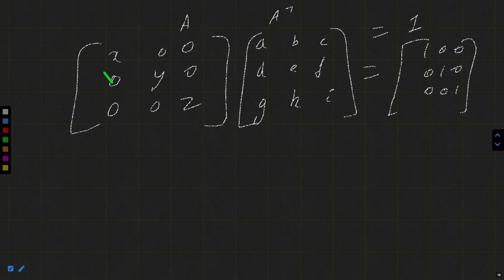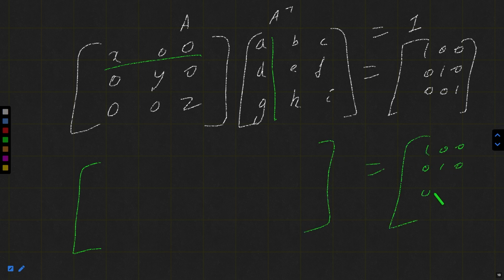So let me just multiply it. This is going to multiply with this. What will you have? We all know that it is equal to 1 0 0, 0 1 0, 0 0 1. The first row will be xa, bx, cx. Now for the second row, this multiplied with this gives you yd, ye, yf.